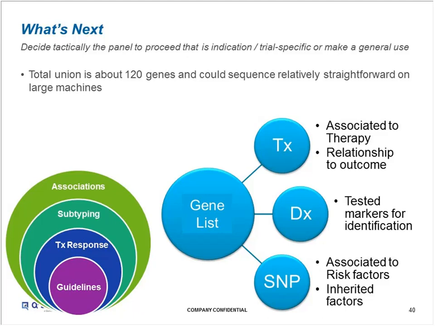So really, is there a marker that's going to not just identify you as AML, but you as this particular subtype of AML, which we did. And then those that might be risk factors for clients that want to provide additional value for running in that trial. So we made a union list of about 120 genes that could be classified across these different biomarker classes: treatment, diagnostic, prognostic, or risk-based.